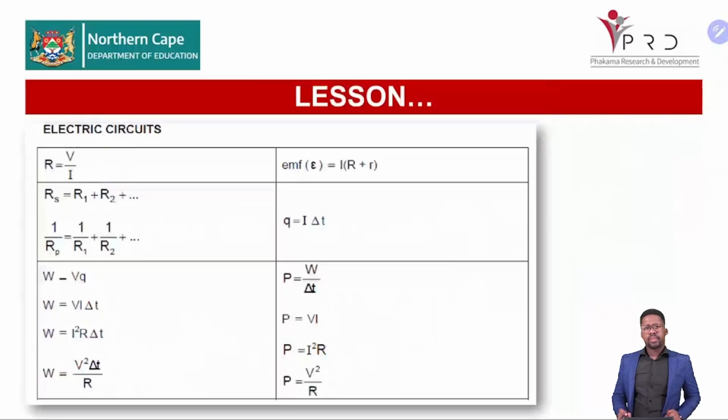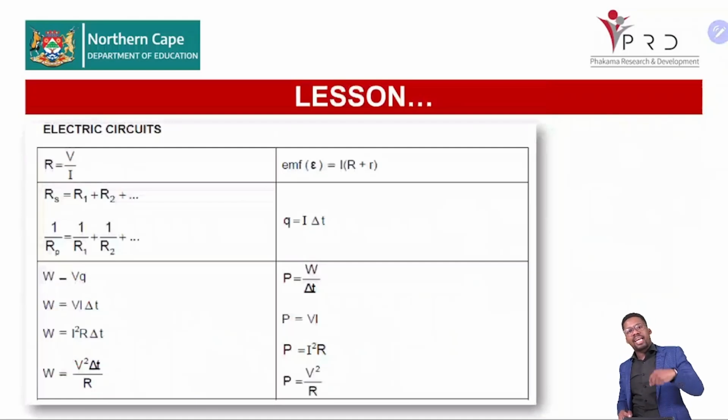Now we are talking about the calculations. I did say our weapons for electric circuits, there are two. It is the exam guideline and the formula sheet. Why the formula sheet, to be precise? Because choosing the correct formula is a skill. That's why you get credited a mark for choosing a correct formula.